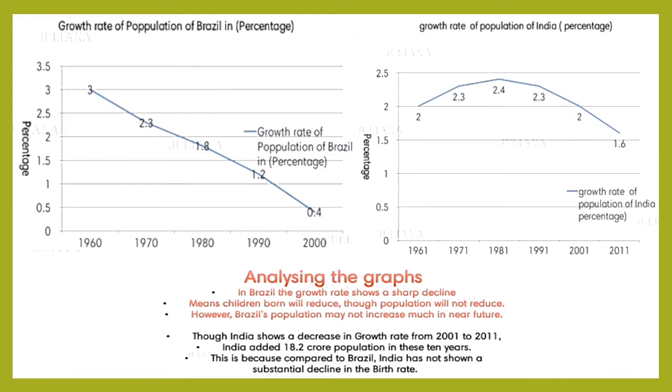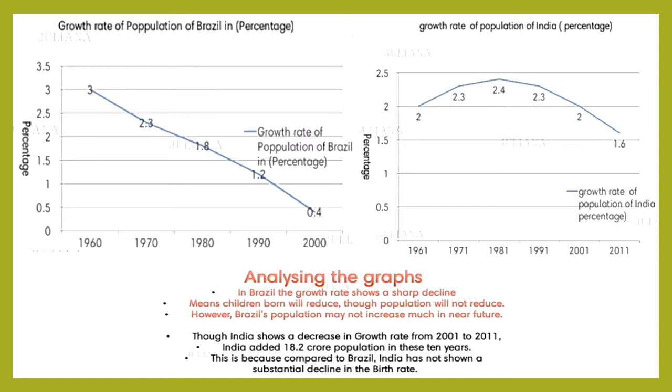If we compare, in year 2000 Brazil is 0.4. Let's see, 2000, 0.4, and in India we have 2% in 2001. So see, in Brazil we have 0.4 and in India we have 2%.